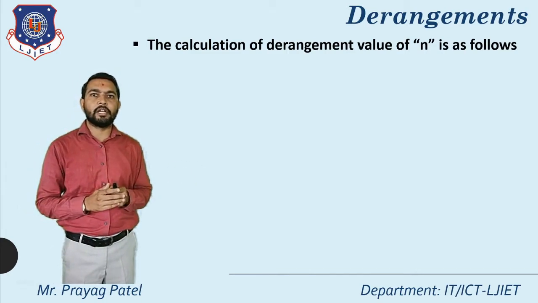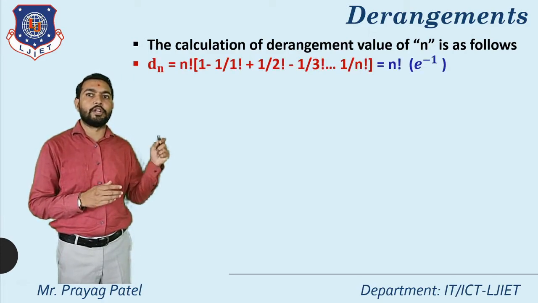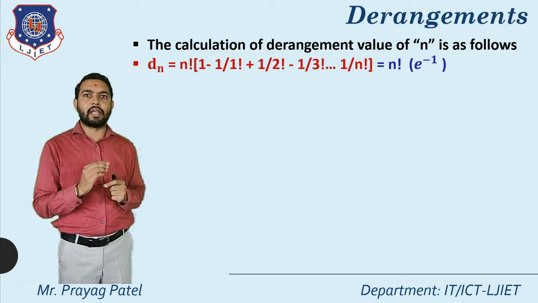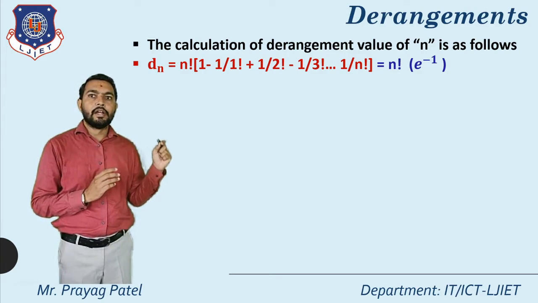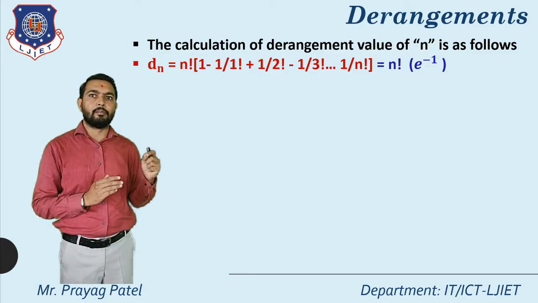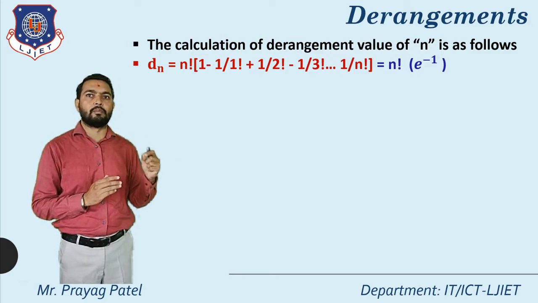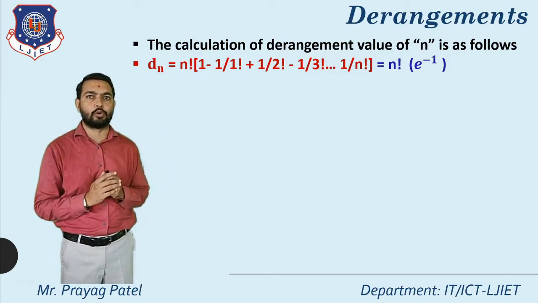The calculation of the derangement value of n is as follows. The derangement we write as d of n. dn is equal to n factorial into 1 minus 1 by 1 factorial plus 1 by 2 factorial minus 1 by 3 factorial up to 1 by n factorial.